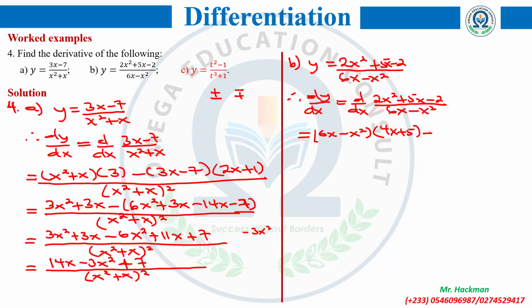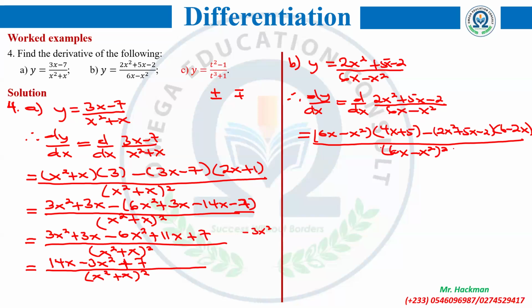Then minus, come and hold your numerator function, which is your 2x squared plus 5x minus 2. Then differentiate the denominator function. If you differentiate the denominator function, what do we get? 6 minus 2x. Very good. But that's not all. The whole of this over your denominator function squared. My professors, I hope you are following.